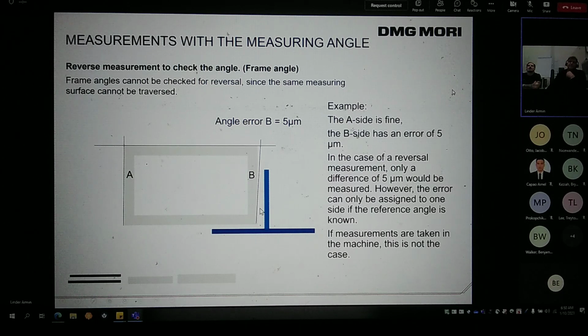So that means the T-angle, when we set it on the round table in the middle, so we can use also the C-axis and can, for example, move it 180 degrees and measure out the failure from the C-axis, for example.